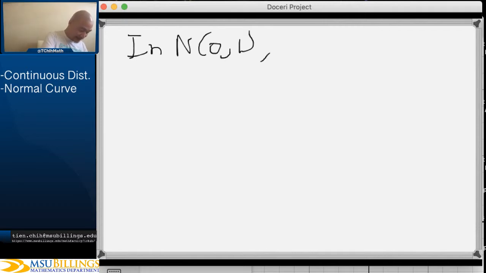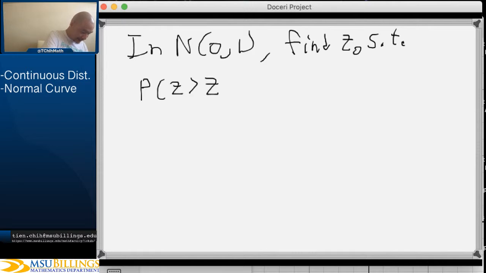Let's find z naught such that the probability that z is greater than z naught is 0.65.